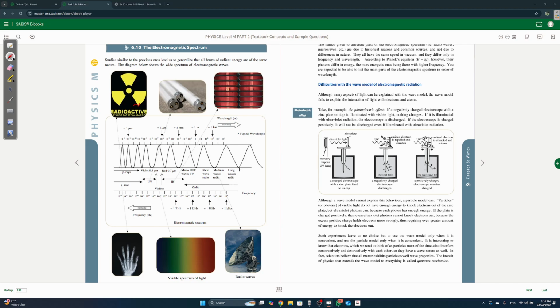You go from radio waves to microwaves to infrared to ultraviolet to gamma rays or X-rays. What do you need to know? As you go from right to left, wavelength lambda decreases, and velocity increases.